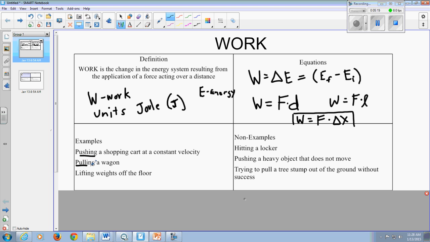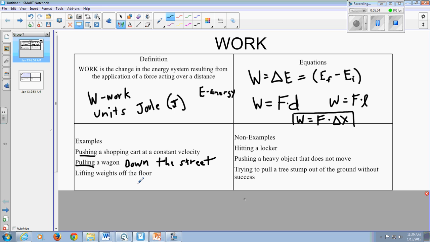Well, you're pulling it, that's a force. And we're assuming that the wagon is moving, so let's say we're pulling a wagon down the street would probably be a better way to word it, because you can pull a wagon and not move it, and that would move over to the non-examples, which we'll talk about.